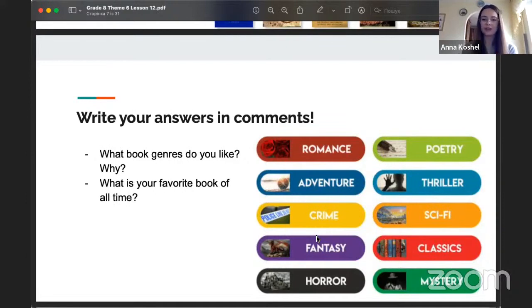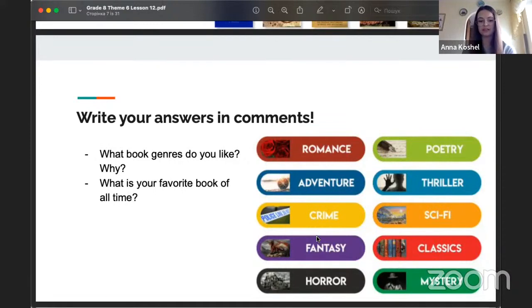That's about love and bouquets of flowers and so on. Poetry, that's poems, verses with a rhyme, like Shakespeare wrote. Adventure, thriller, crime, sci-fi, fantasy, classics, horror, and mystery. So here are the main literature genres.